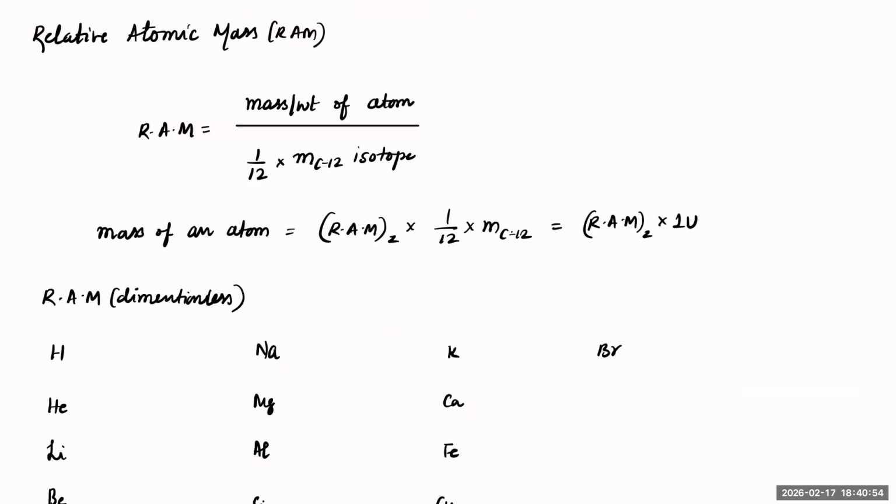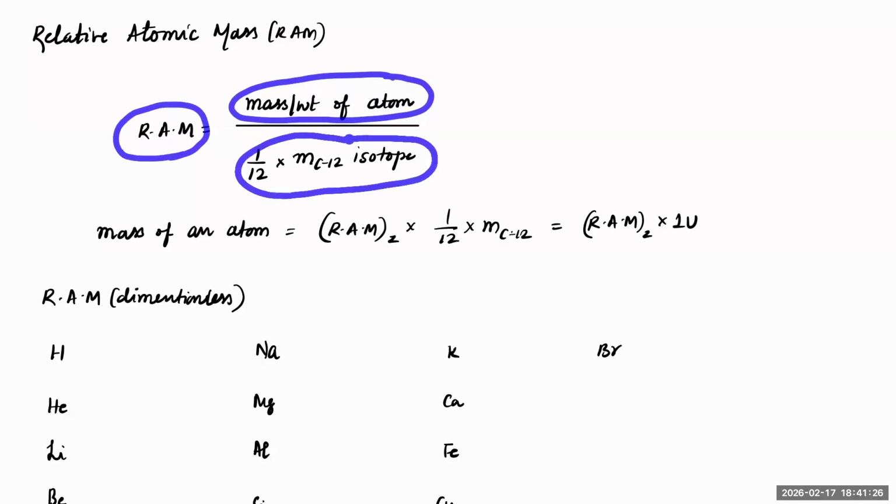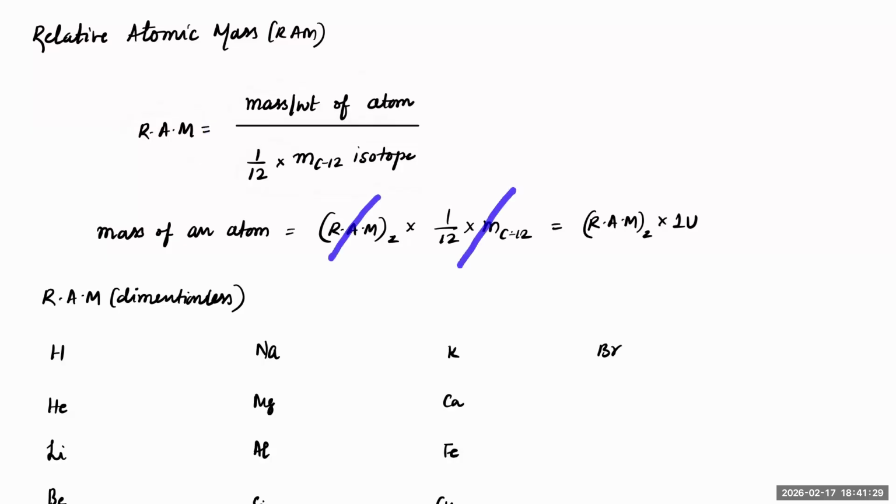Next, let us understand this term, relative atomic mass. Relative atomic mass expresses the mass of a substance or of an atom with respect to 1/12 of carbon 12 mass. Or we can write the converse also, that mass of a substance or an atom can always be related with its relative atomic mass into 1/12 of carbon 12 mass.